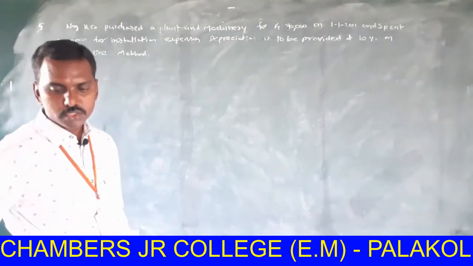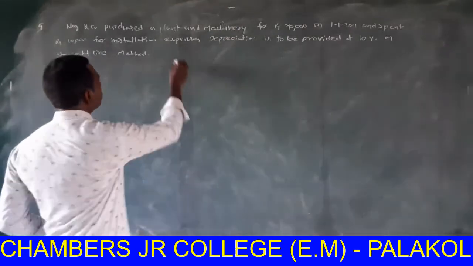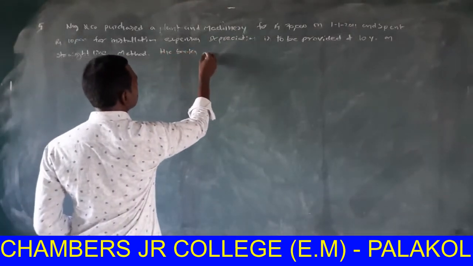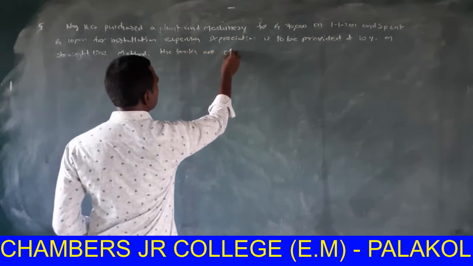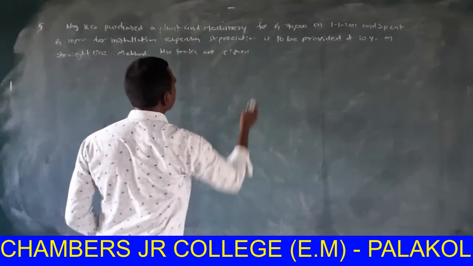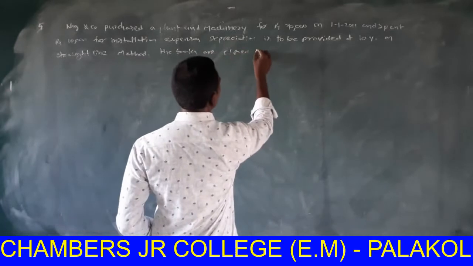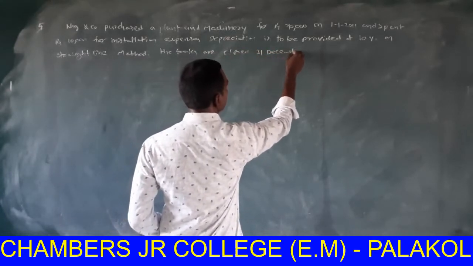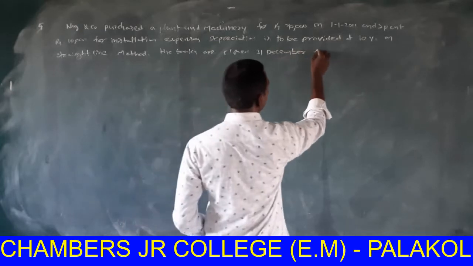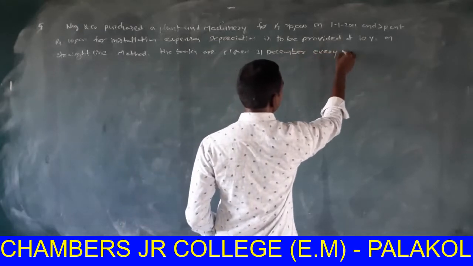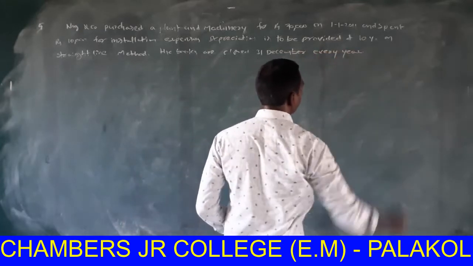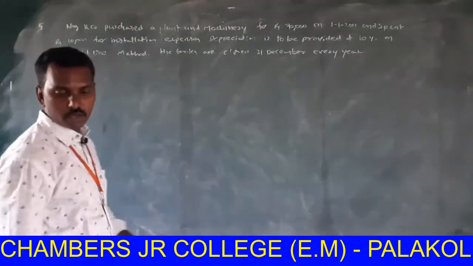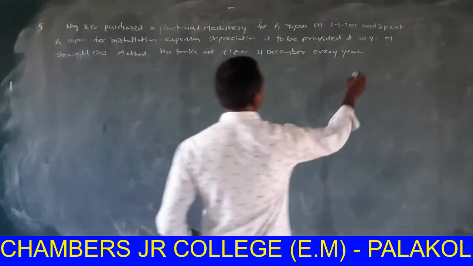The books are closed on 31st December every year. Prepare plant and machinery account for first 3 years.